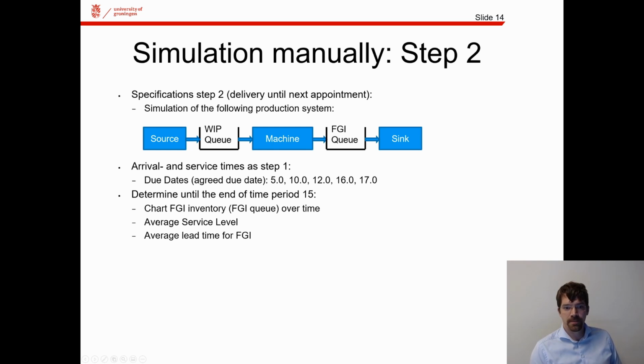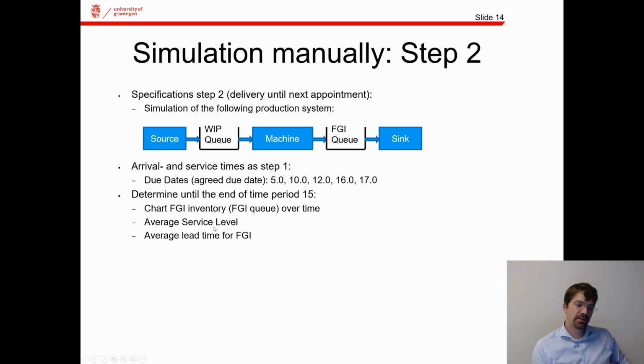So I request you to draw the chart for the FGI inventory, so for this queue here, and you calculate the service level and the average lead time of the FGI. I think the average lead time is straightforward, because you just have to measure how long an order is waiting in this queue.